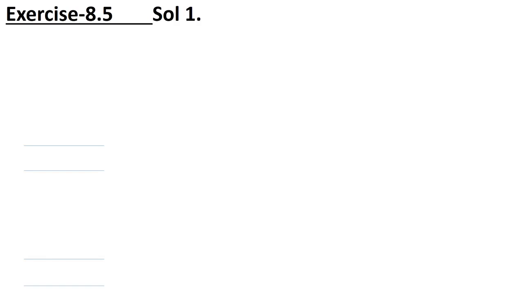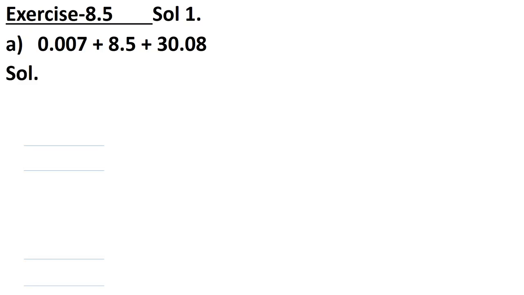These are simple addition sums. So, I have done 2 parts of it. 0.007 plus 8.5 plus 30.08. In this, you need to see how to write down the number. First number we will write down as it is 0.007, whatever is given. Now, second, how we will write down?